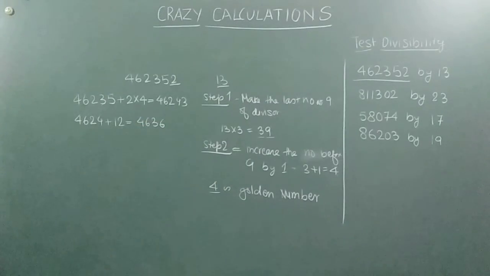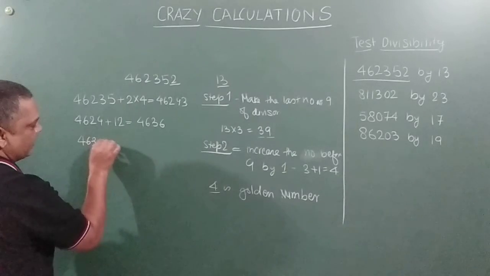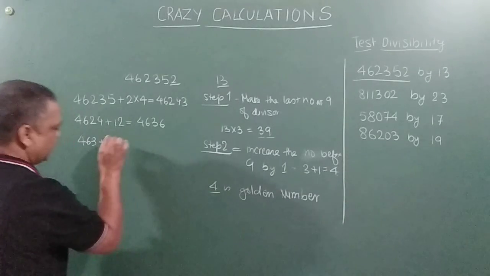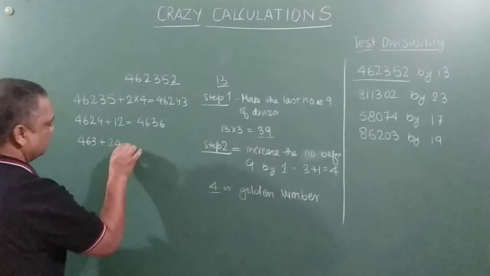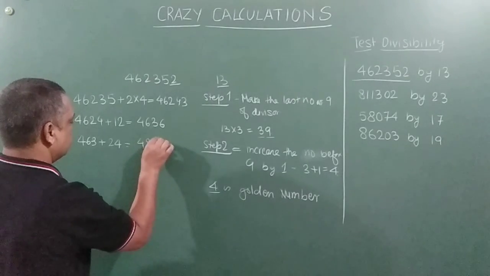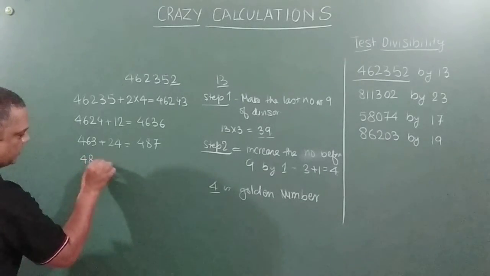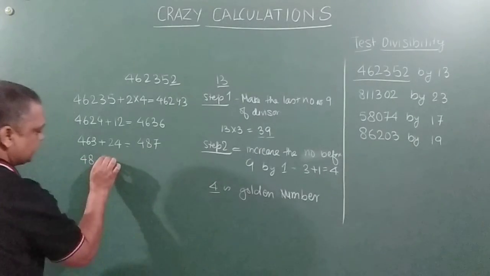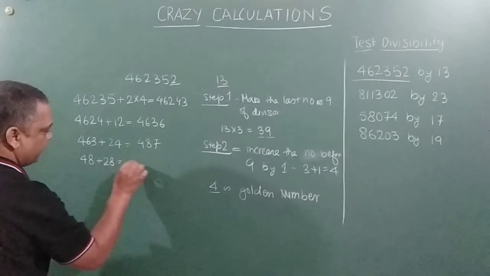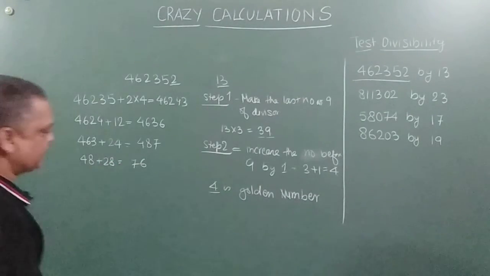Now 4, 6, 3 plus 6 into the oscillator, that is 24. That is equal to 4, 8, 7. So now 4, 8 plus 7 into 4, that is 28. So now it is coming as 76.